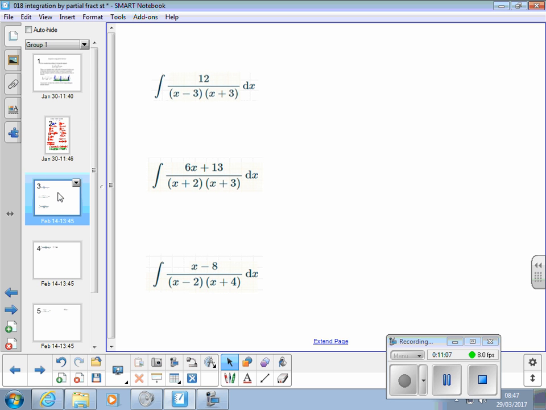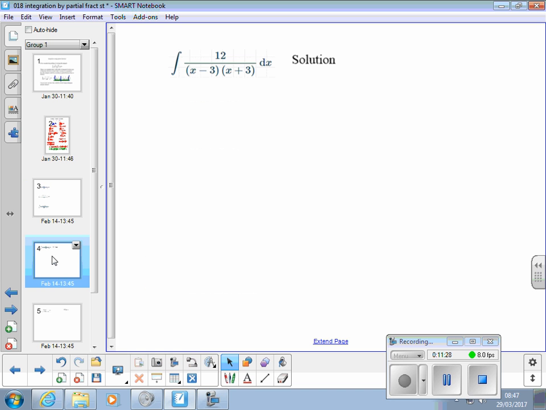For the rest of the session we're going to look at solving these three integrals that involve partial fractions. Note that at this stage I've already factorised the denominator, so you haven't got to worry too much about the factorisation. So let's have a look at this first one.